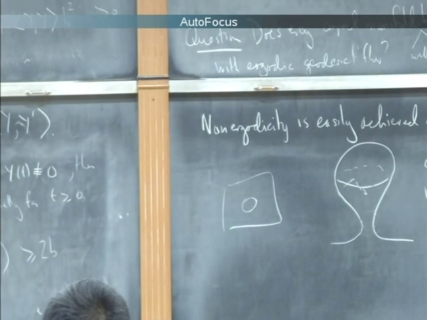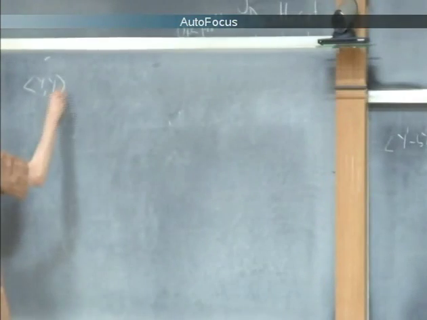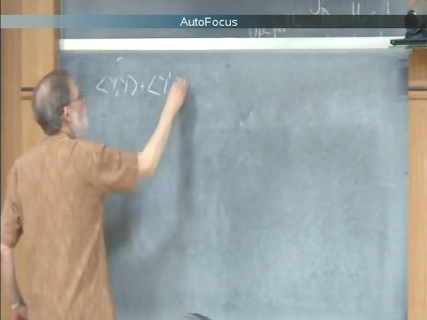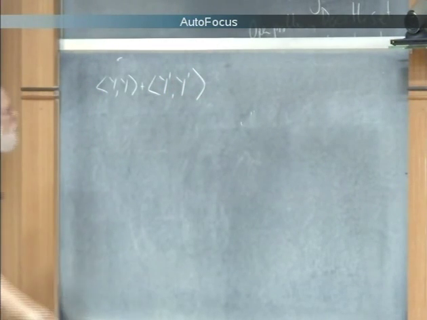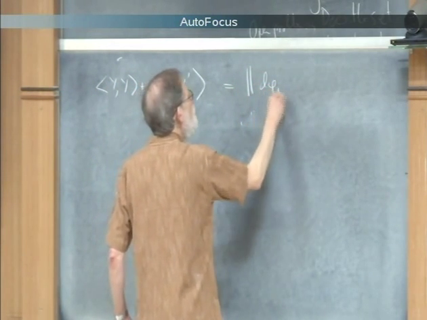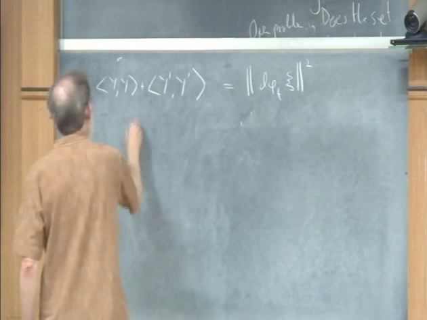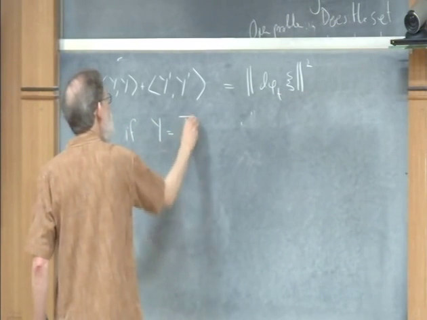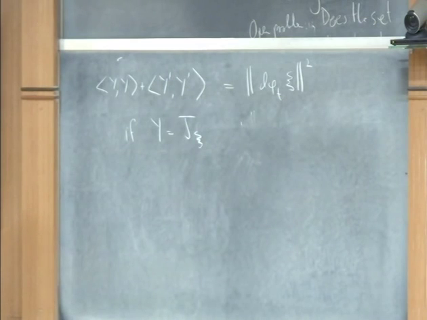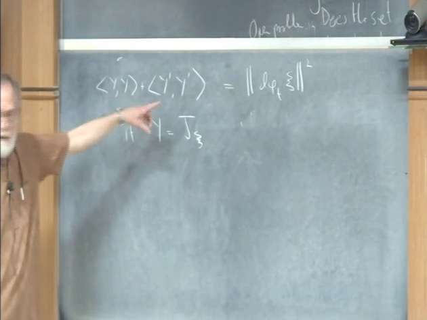Well, that isn't really the quantity that I want to think about. The quantity that I really want to think about is this. Because this is the square of dφ_t ξ, if y is the Jacobi field determined by ξ, this is the Sasaki product.